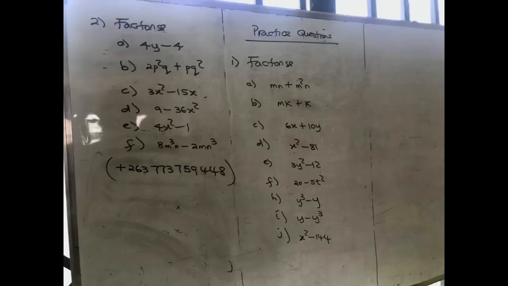Right, so these are our practice questions. For our practice questions, you can go through, you work it, and then that's my contact number, plus 263773759448. So you can go through and work the questions.